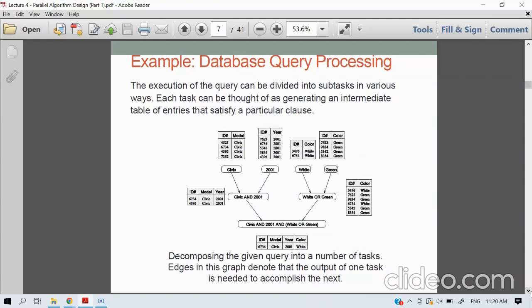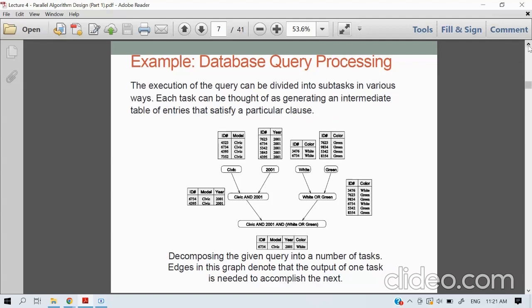Okay, so one way that we can do the decomposition of tasks. He says the execution of the query can be divided into subtasks in various ways, many ways. Each task can be thought of as generating an intermediate table of entries that satisfy a particular clause.